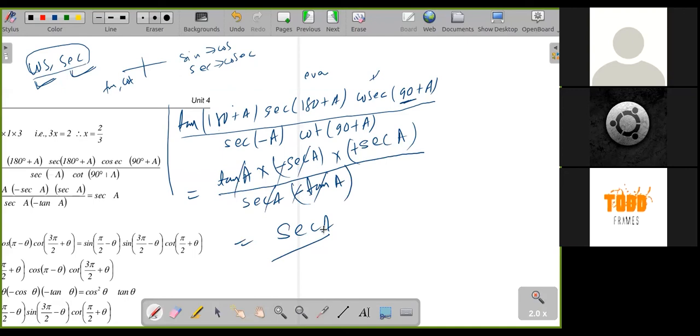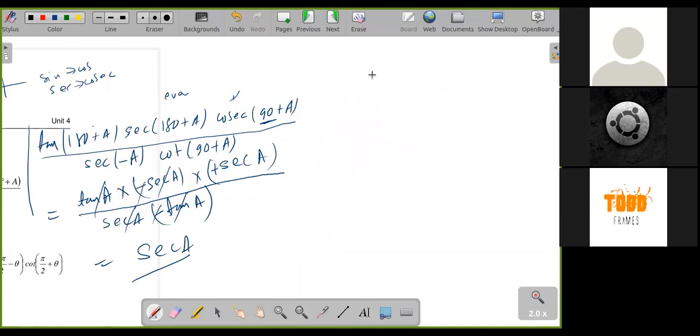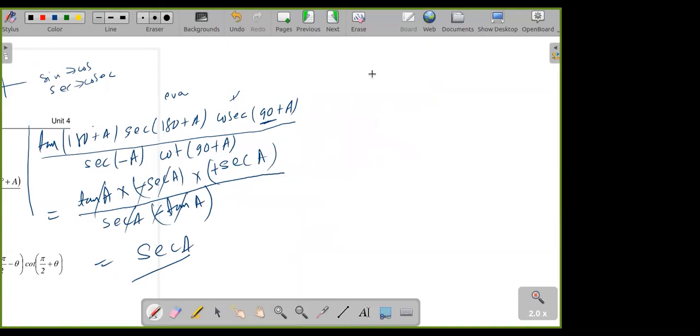I'm explaining. Sec(180 plus a) is a different thing. Sec minus a is a different thing. Why? Because this goes into which quadrant? Third quadrant, right?